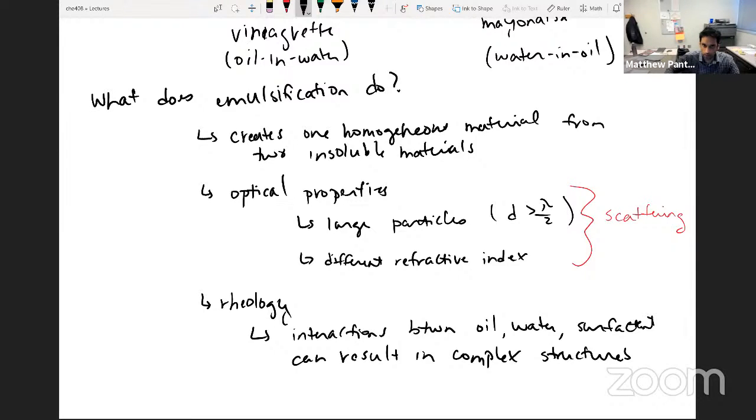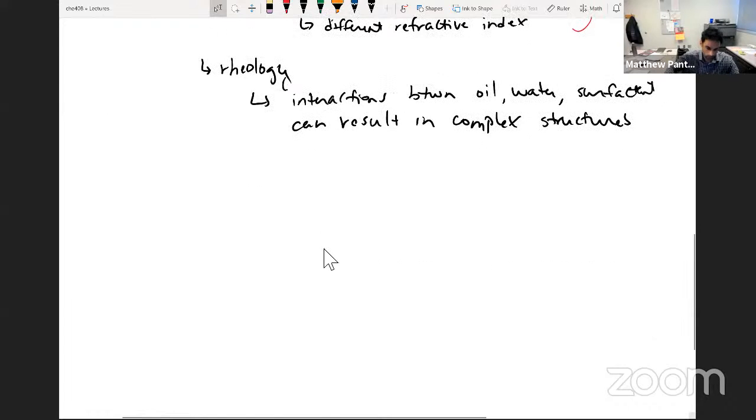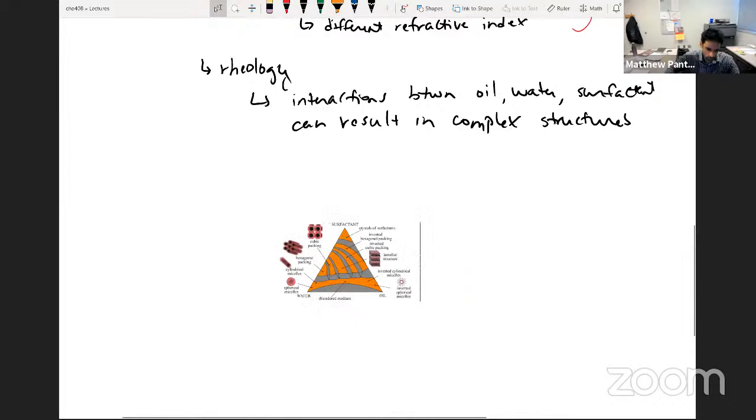So you can actually make phase diagrams, and I'm going to insert one here. Most of you, certainly all of you chemical engineers, have seen these ternary phase diagrams before.